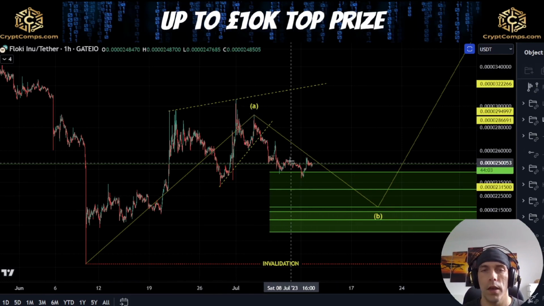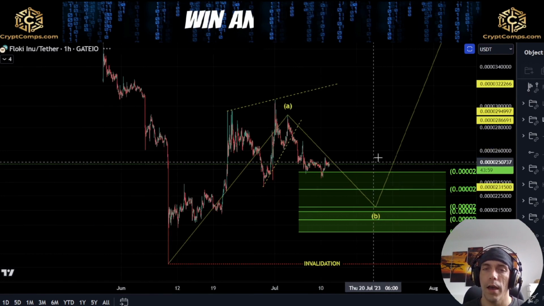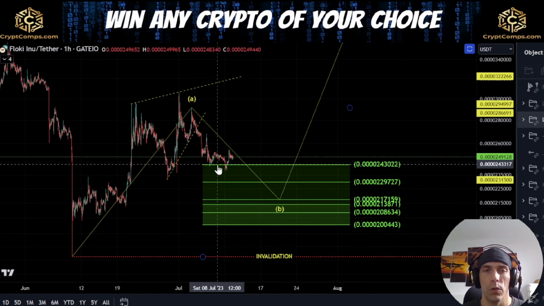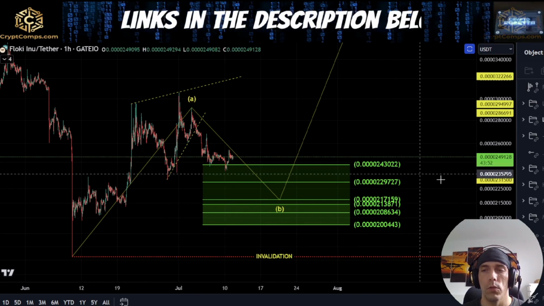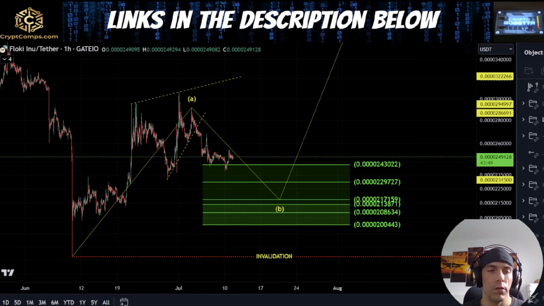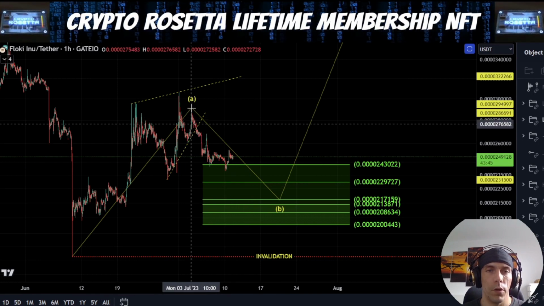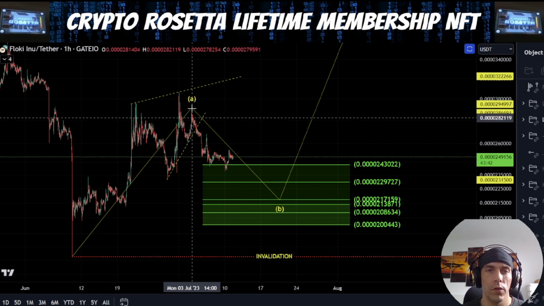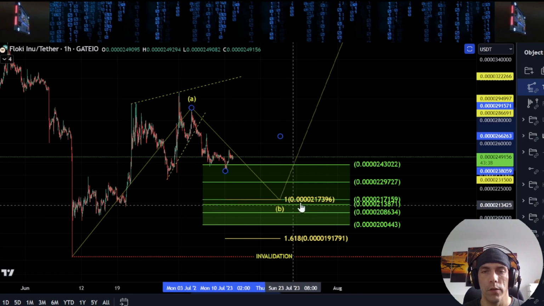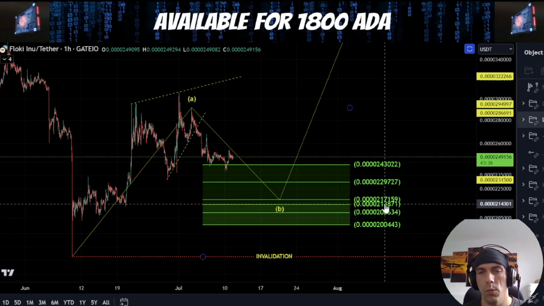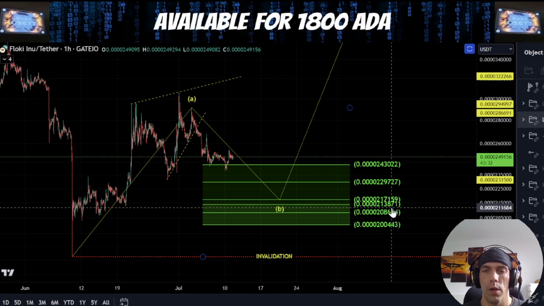So if this is the case, what I'm looking for here is that this could be an ABC into this low here, and this has actually come down into the typical retracement area already for this 24022 area as a potentially completed move. However, it is very small, so within this count what I'm looking for is that we could actually see price still look to come down one more time here and push down towards this 0.618, where we could look to move down towards this 217159 to this 213871.